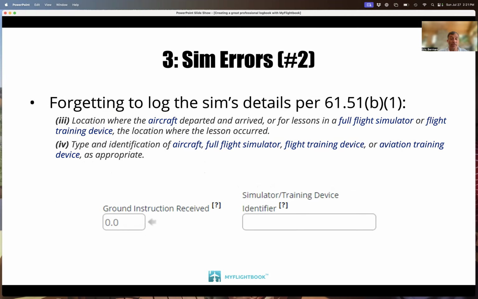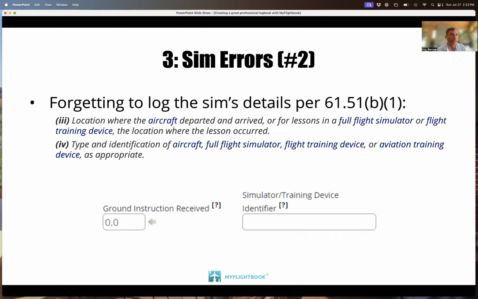Another thing for sims is that you are supposed to log the sim's details. 61.51(b)(1) says that you're supposed to have the location and the type and identification. So in my flight book, at least, there is a field titled Simulator Training Device Identifier that shows up automatically whenever a sim is selected as the aircraft, if you will, for an entry.